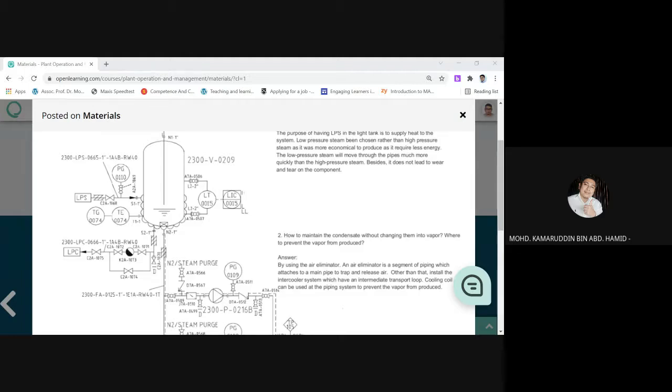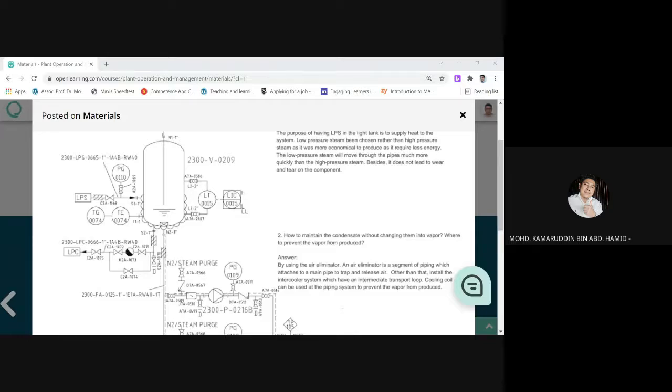It's a self-regulated release valve. Relief ke release? Release. Bukan relief ha? Bukan. Okay.